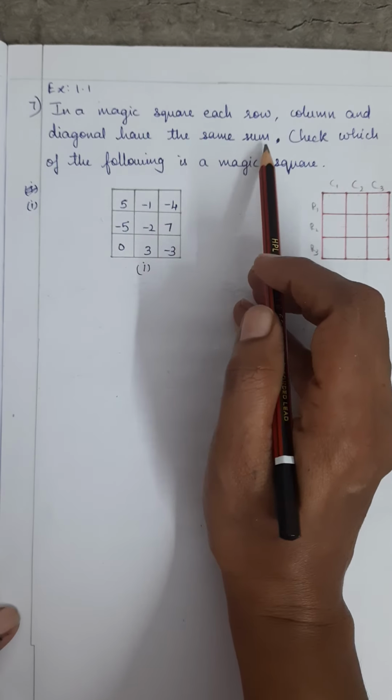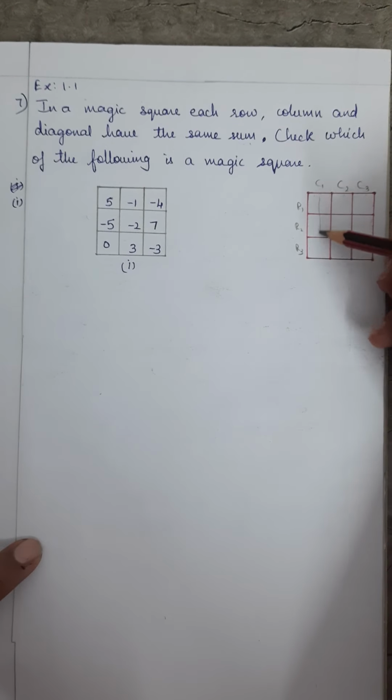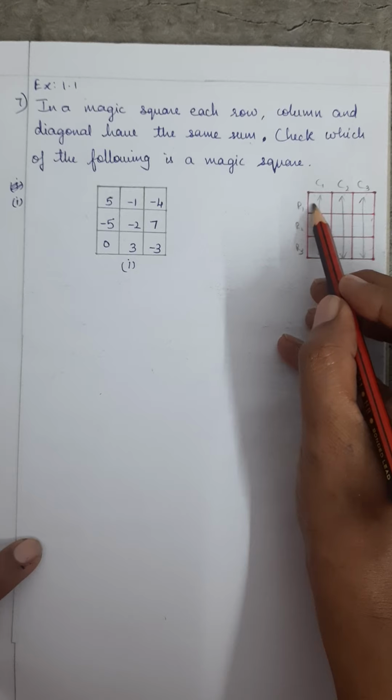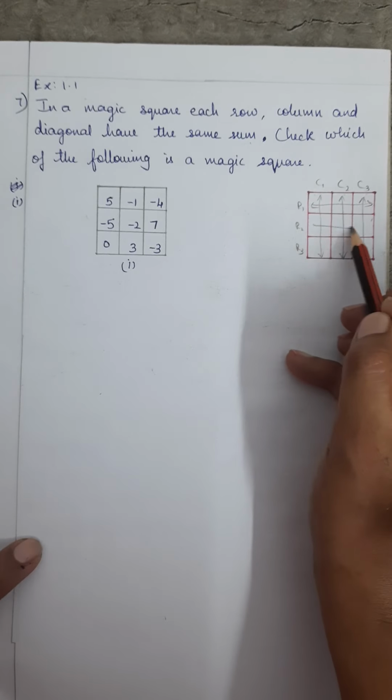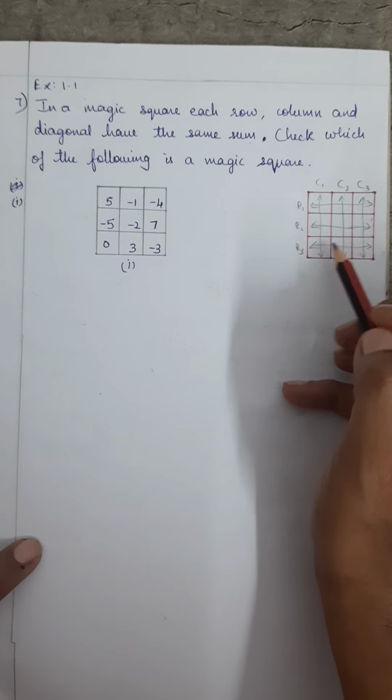Those who don't know what rows and columns are: from here to here is column 1, this is the second column and this is the third column. Rows will be like this: the first row, the second row and the third row. Just for your reference I've drawn this.